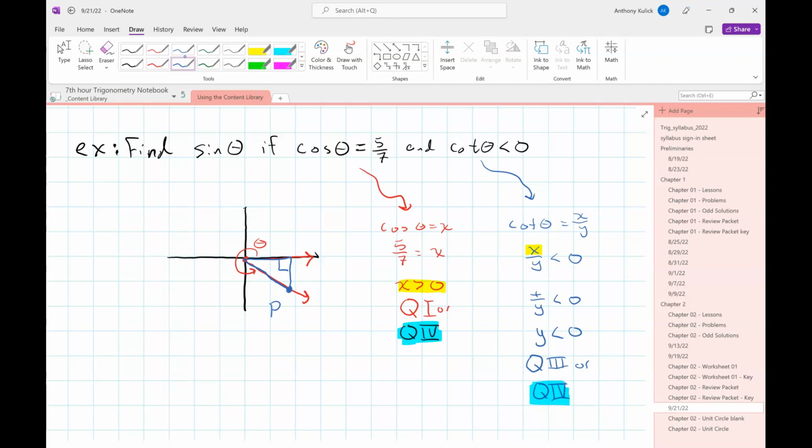I remember that cosine is x over r. So I can do that. Since my point is located in the 4th quadrant, I know that the x is positive. I've already written it that way. But the y has to be negative. And now I can just use the Pythagorean theorem to find that y coordinate.